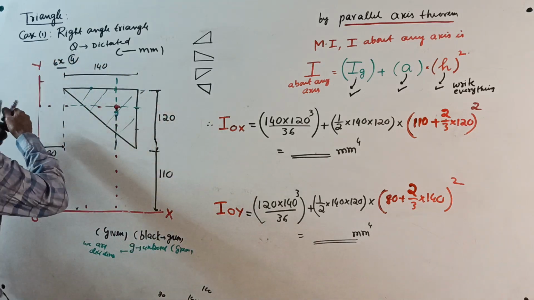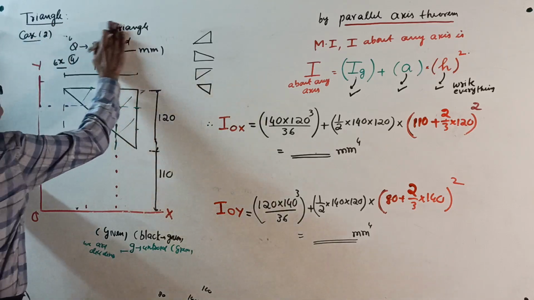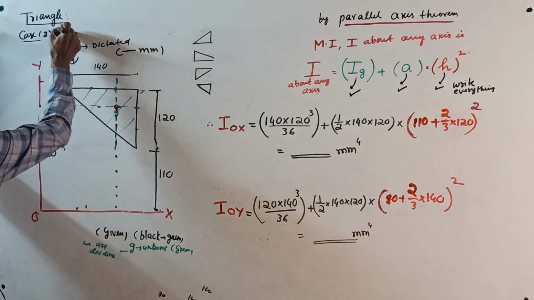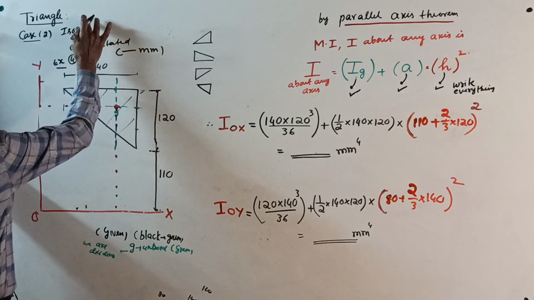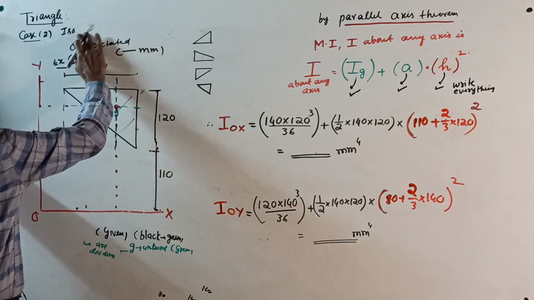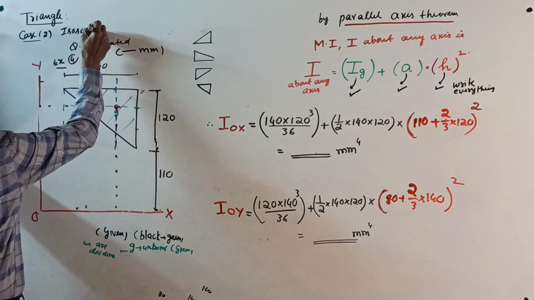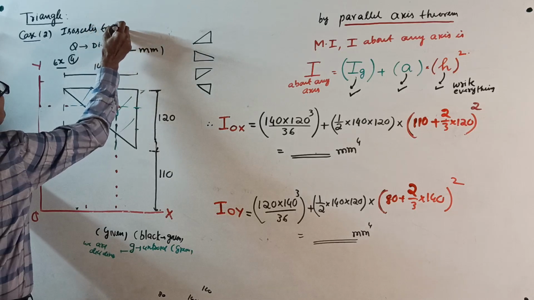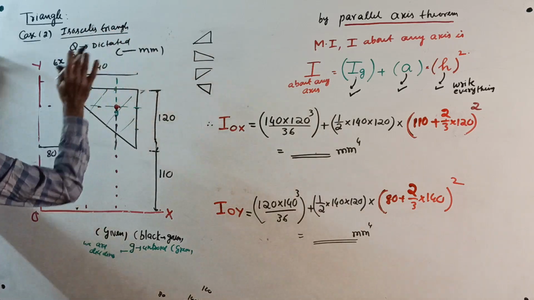Next triangle is case 2. Case 2 is, I will go for isosceles triangle. Spelling problem for me, unusual. Isosceles triangle. Okay. Question dictated.